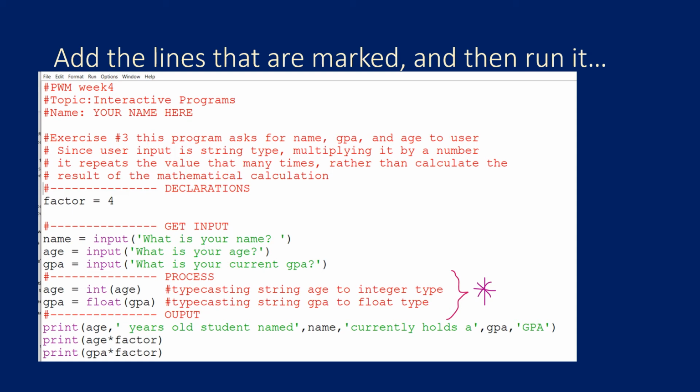And then we don't have to modify anything else because we still want to prove that now we can do math, that the operator asterisk is going to produce the result of a multiplication now, because now age and GPA have been successfully converted to an integer and a float respectively. So run this program and see what happens.